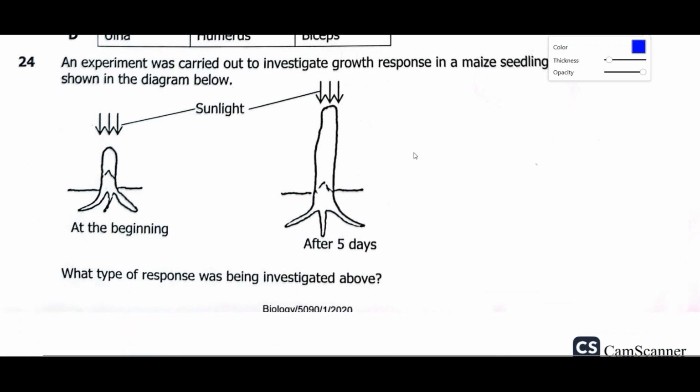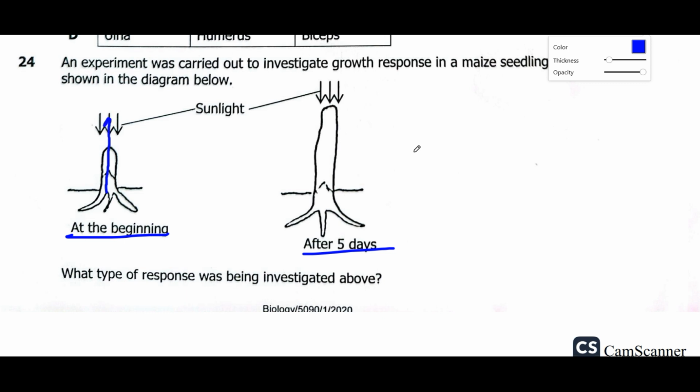We move on to question 24. An experiment was carried out to investigate growth response in a seedling plant, as shown in the diagram below. After 5 days, what type of response was being investigated? As you can see, the growth was toward light.